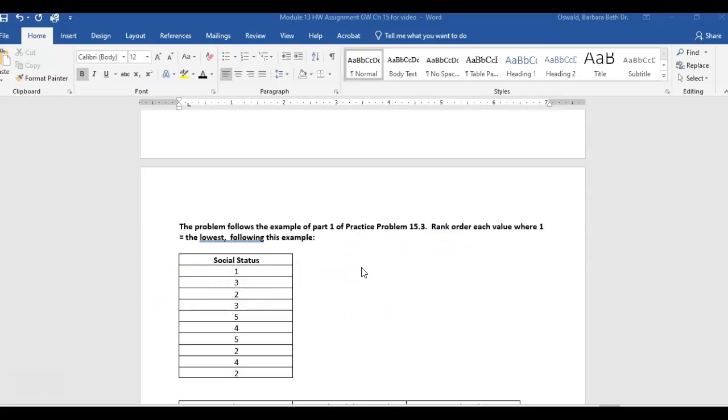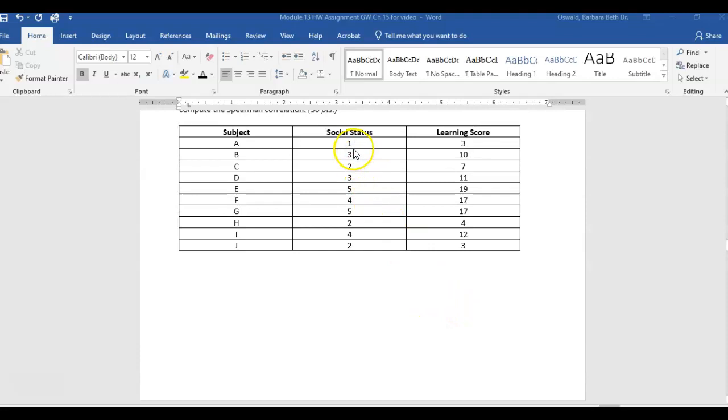In the first one, we're going to rank order each value for social status, where 1 is the lowest, following this example. And when I say 1, I mean the lowest value of the rank, and that would correspond with the lowest value in the data. So while social status actually does have 1s in it, learning score doesn't. But the lowest score here, 3, in learning score would be a rank order of 1 because it's a lowest score.